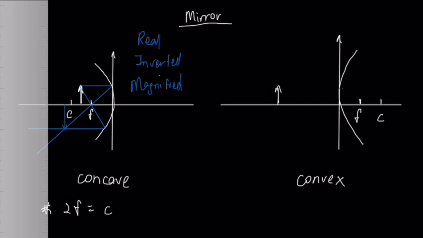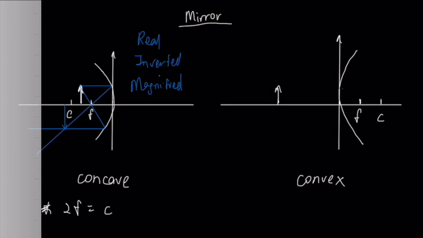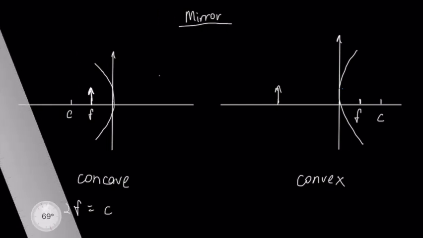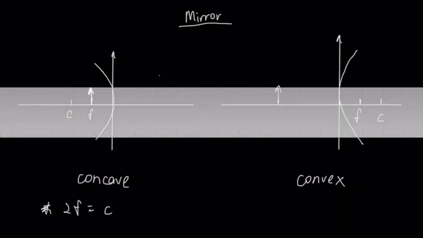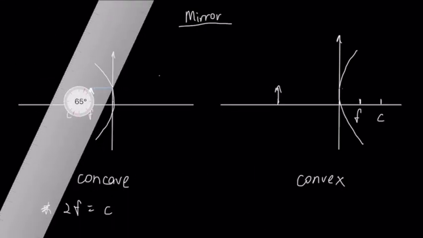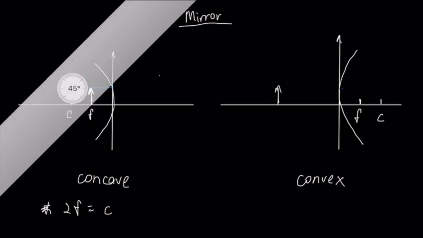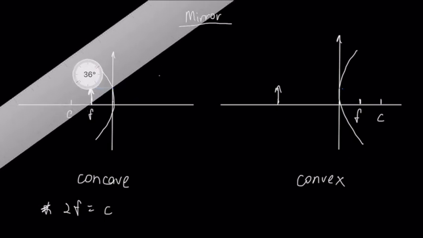So now we will move on to the fourth scenario, which is that the object is on top of the focal point. Same thing goes here. It goes to the focal point, the lens, and the lens will go to the focal point.